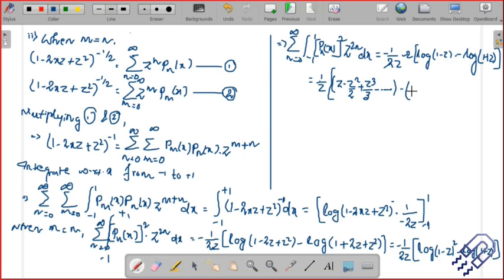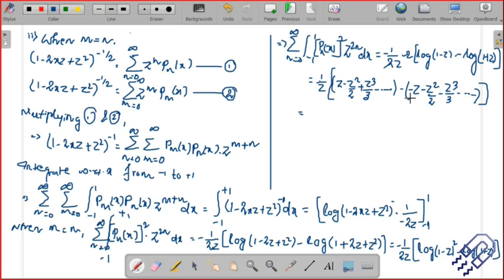Here you have to just put a minus, so it will be minus of z. Here everything is minus: minus z squared divided by 2, minus z cubed divided by 3, minus, and so on. So if we just open the bracket up and take the z inside, we can do that, but we'll do it later.